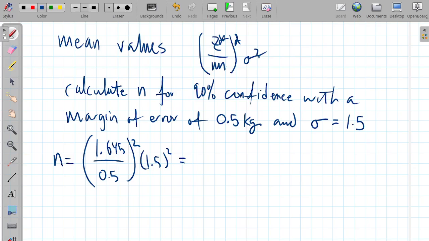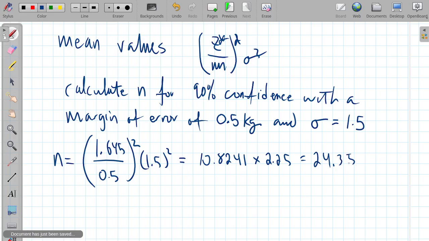Let's work this out. 1.645 divided by 0.5 basically doubles that to 3.29, and we square that, we get 10.8241, and 1.5 squared is 2.25. So to complete the calculation, we get 24.35. But always round up. So we have to have a sample size of 25.